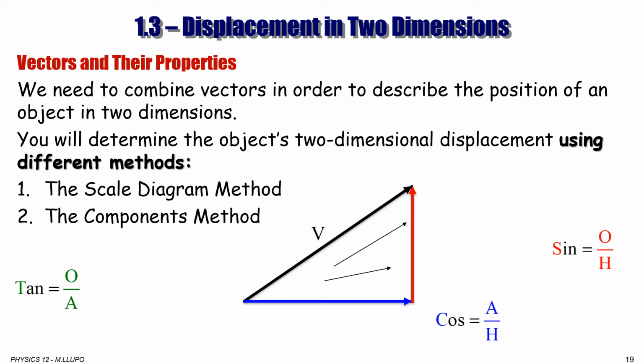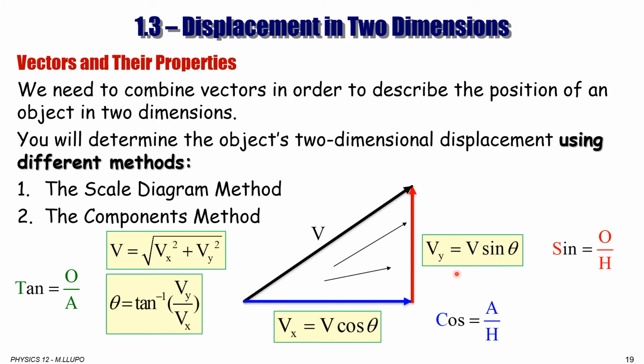Now, remember that we have the angle theta, and in front of the angle is the side you can use sine for. So in order to find the y component of this vector, you can use Vy equal to V sine theta. And beside that angle is the x component, which is V cosine theta.